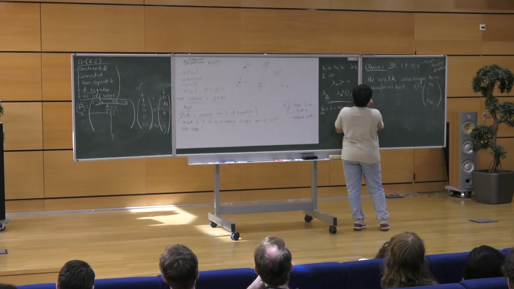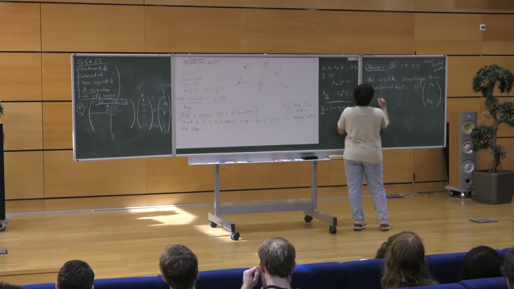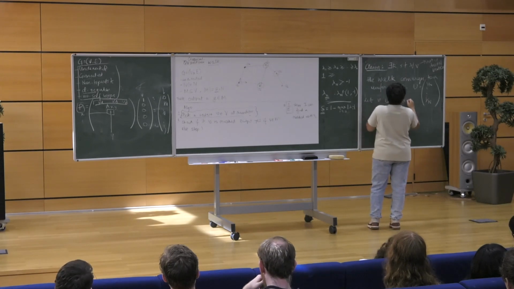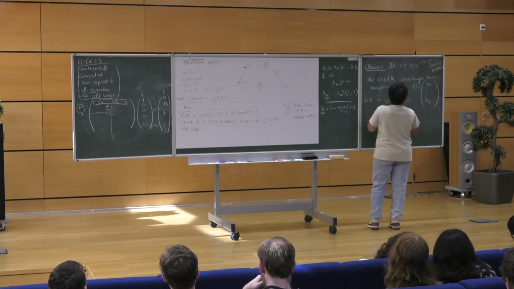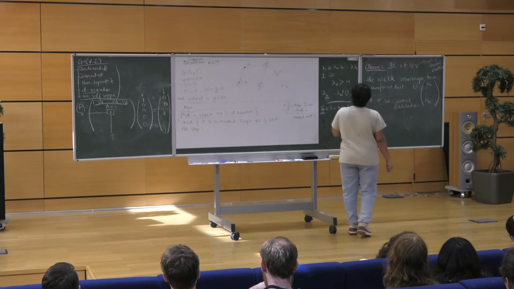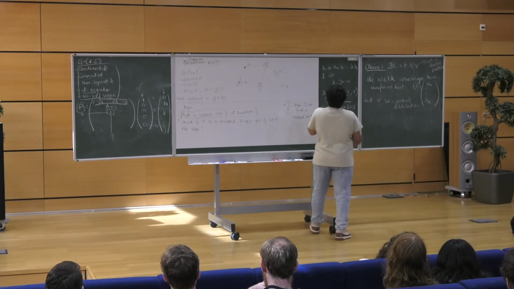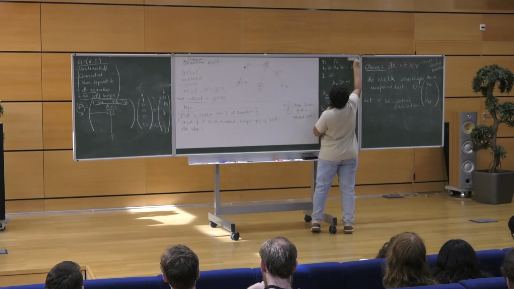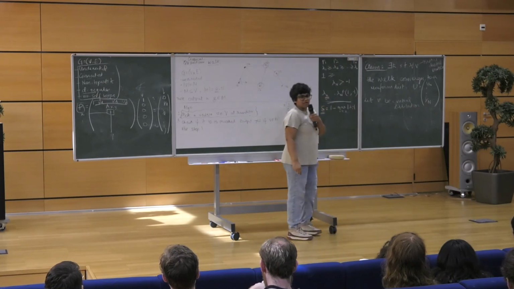Let v be an initial distribution, and let the pi's be the eigenvectors corresponding to the eigenvalues 1 to n.